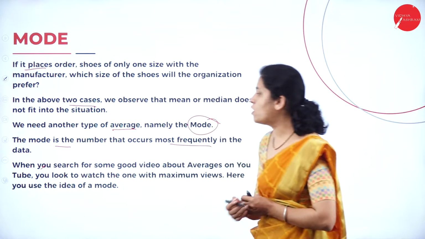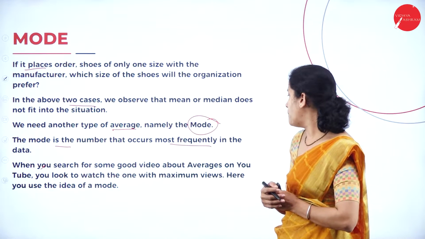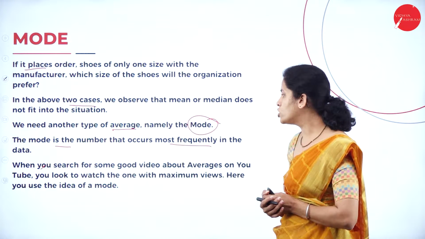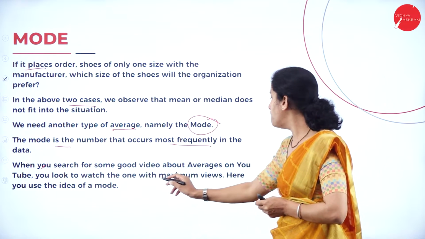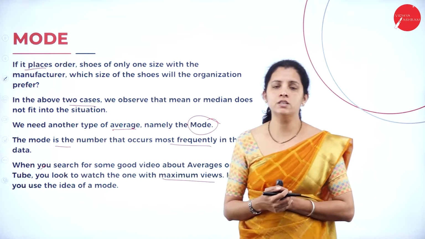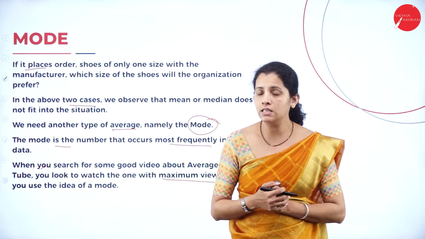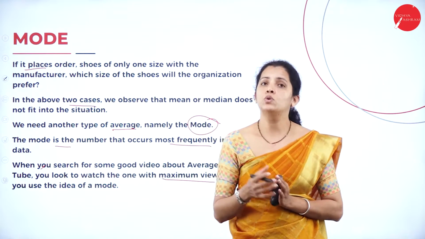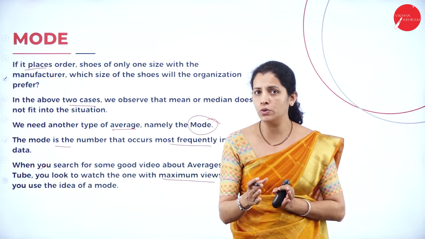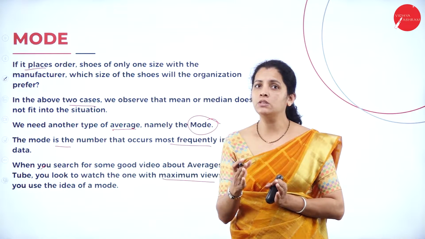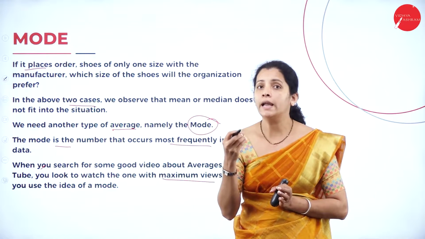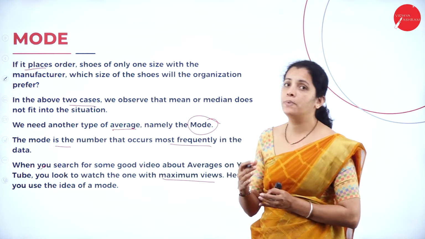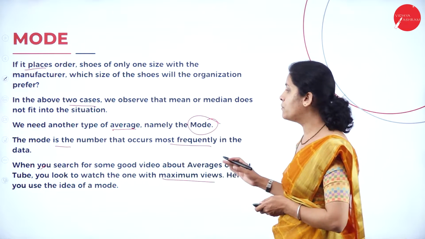When you search for some good video about averages on YouTube, you look to watch the one with maximum views. So dear students, even in a real life example, think that I want to watch some videos. While watching videos, how am I going to pick the video? It is based on the maximum views.